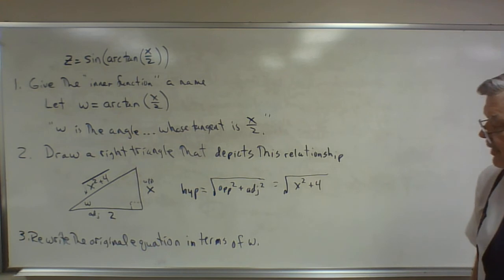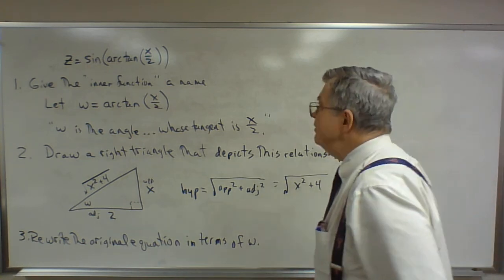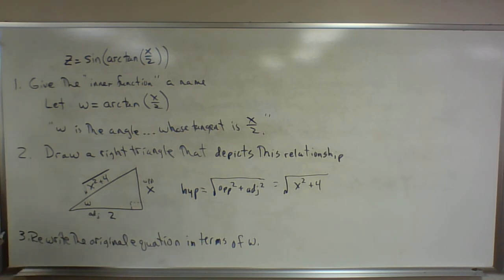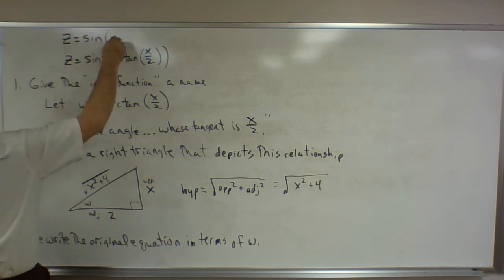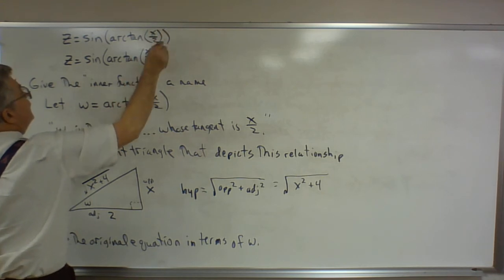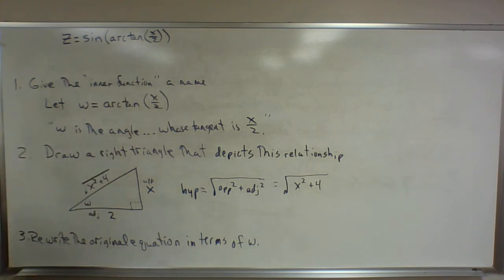Rewrite the original equation in terms of w. The original equation was z equals sine evaluated at arctangent of x over 2. This is our original equation, and we're supposed to write it in terms of w.